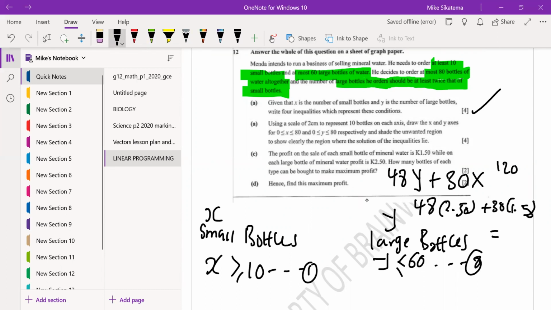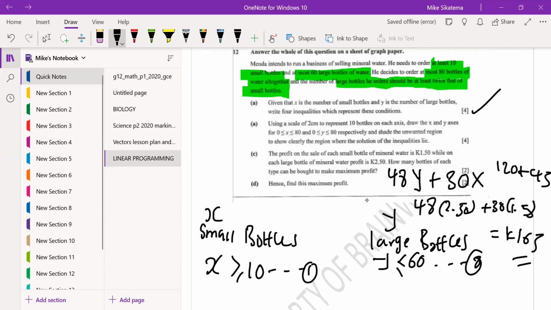Then 30 multiplied by 1 kwacha 50 ngwe, that would be 45. So our maximum profit will be 120 plus 45, that would be 165 kwacha will be the maximum profit that this company can make.